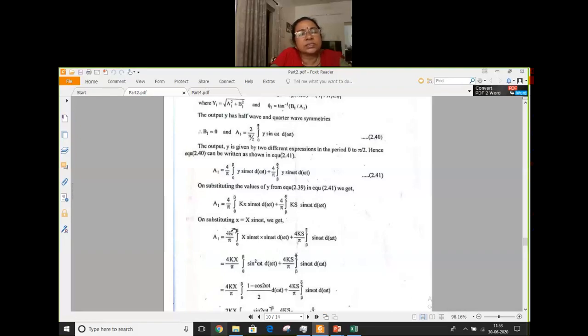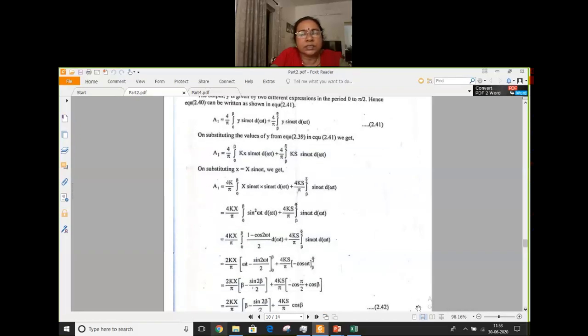Calculation means integration. Integral of x sin omega t. You should know how to integrate this function and this function. The integral of sin omega t is 1 minus cos omega t. Similarly, the integral of sin square omega t d omega t is 1 minus cos 2 omega t by 2. Then do the simplification.